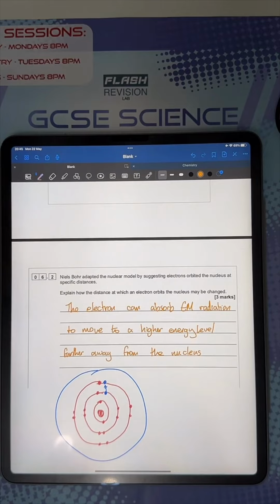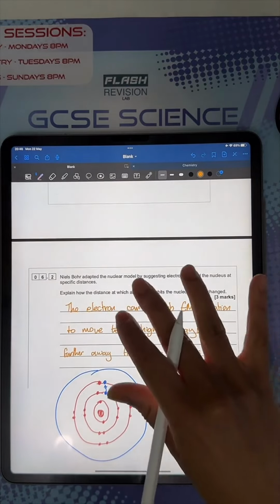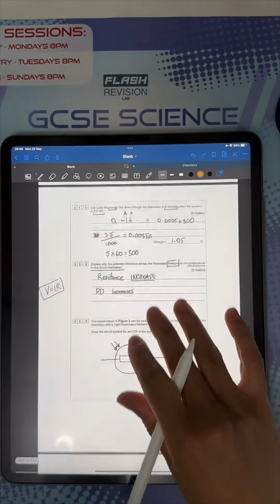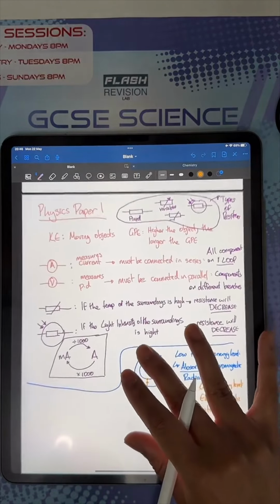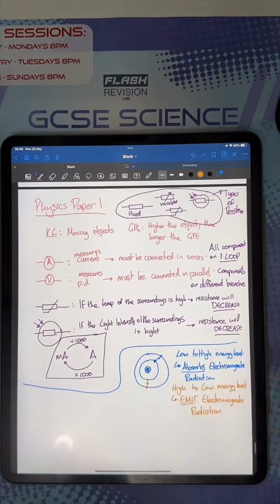Okay. All right. Any questions, guys? Let me go back to the notes so you can screenshot. That's what we've got there.